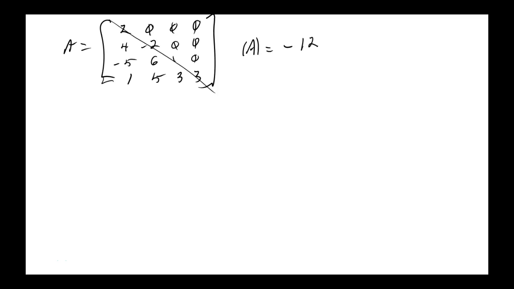Homework exercises here would be any of the odds 1 through 11. They're all found at calcchat.com. 13 or 15, they're both at calcchat.com. 17 should be at calcchat.com.